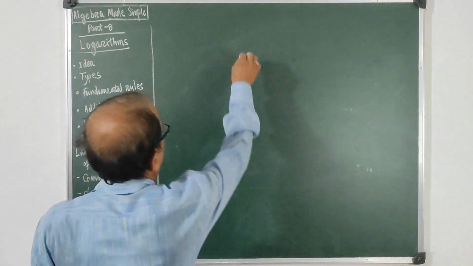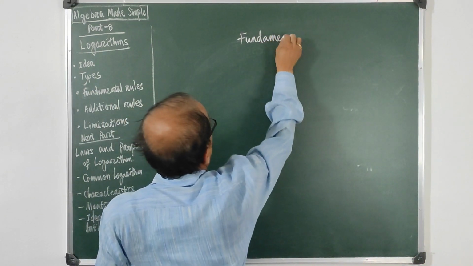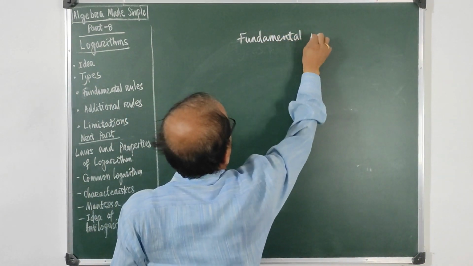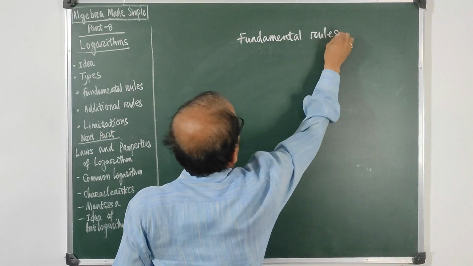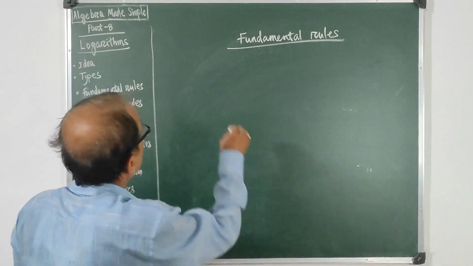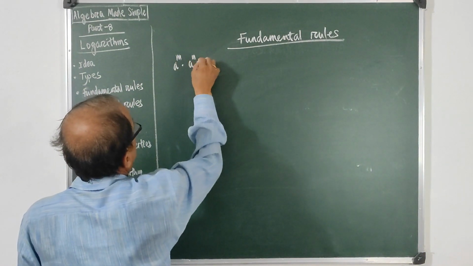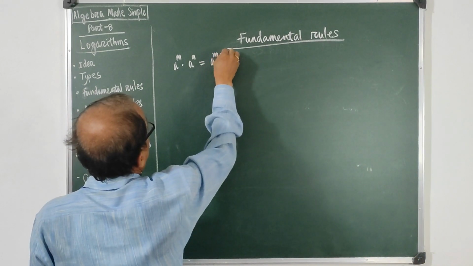Let us go for the fundamental rules. These rules are extracted from the theory of indices. We had the first rule, a to the power m into a to the power n is equal to a to the power m plus n.